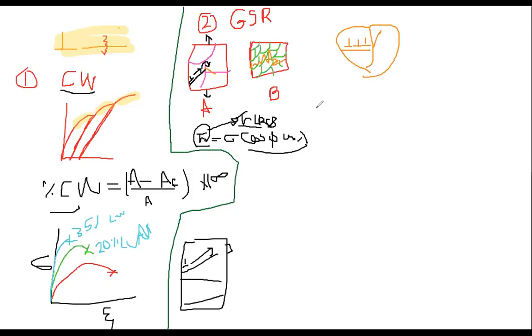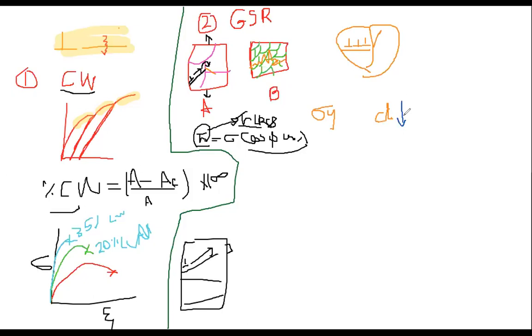We can even correlate between sigma y, the yield strength, and the size of the grain, D. My question to you: if we decrease the grain size, what's going to happen to the yield strength? Do you think the yield strength becomes larger or smaller?